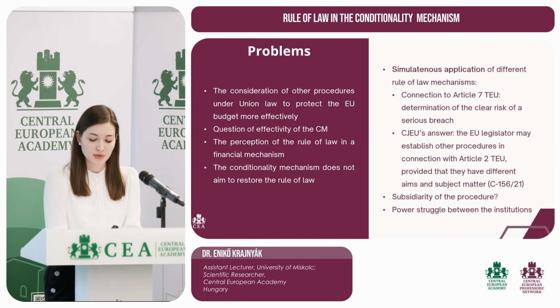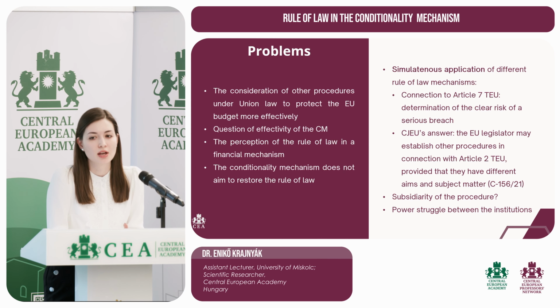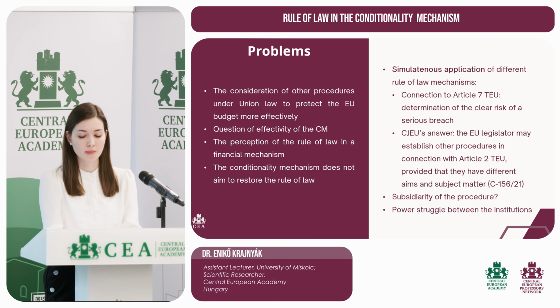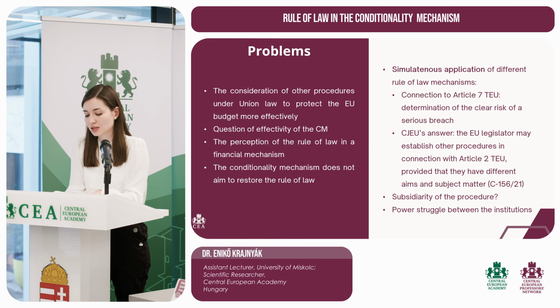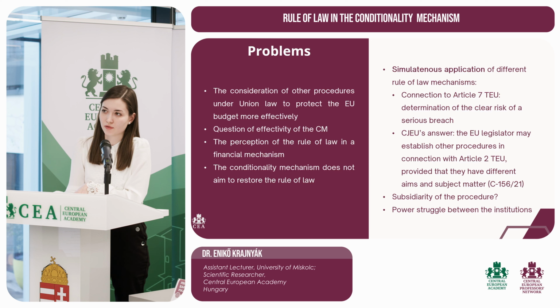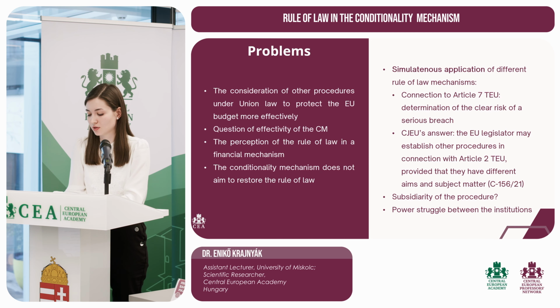The biggest problem, in my opinion, in connection with the procedure, arises in connection with the simultaneous application of different rule of law mechanisms, procedures at the same time. So, for example, the Article 7 procedure at the same time with the conditionality mechanism. There was a CJEU proceeding initiated by Hungary, in which Hungary claimed that the clear risk of a serious breach of the rule of law, or generally the principles or the values of Article 2 TEU, can only be determined in the Article 7 procedure.